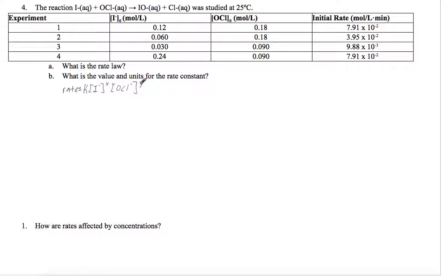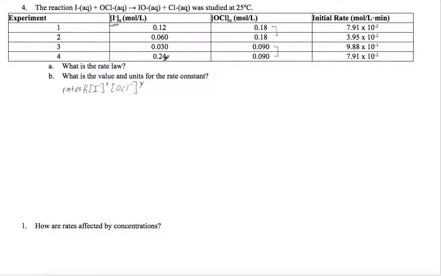Now I have to figure out those exponents. One of these exponents is going to be easy to get, the other one not so much. So if we look at the one that's going to be easy to get, it's going to be the iodine. So I have two different places where those are constant and two different places where these are constant. So I have either of those to really choose from.